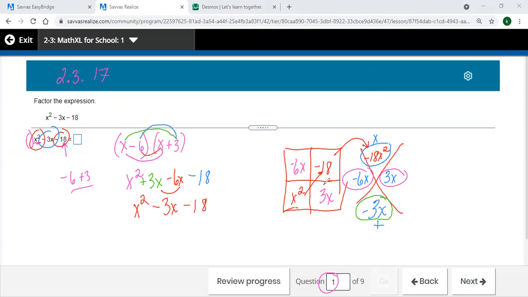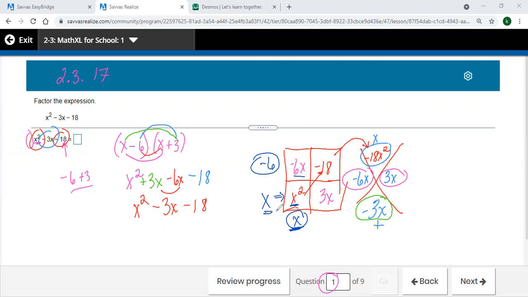And now what you do is you look for the greatest common factor to put on the outside. So when I look across this row right here, they both have an x. That x times this has to multiply to make this, so that has to be an x. And then what goes out here times this x down on the bottom has to make this -6x, so that'd be a -6.